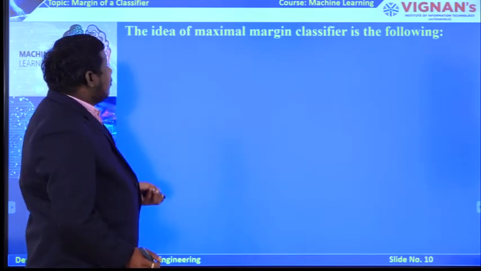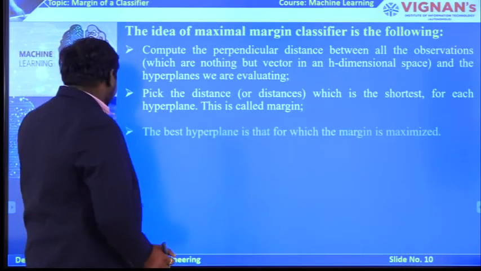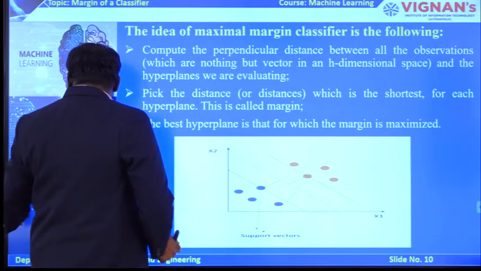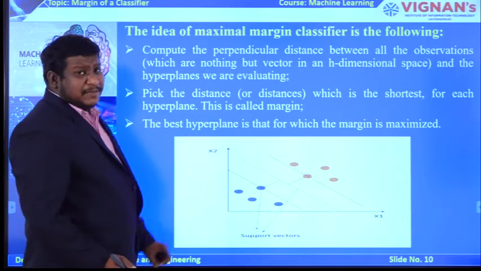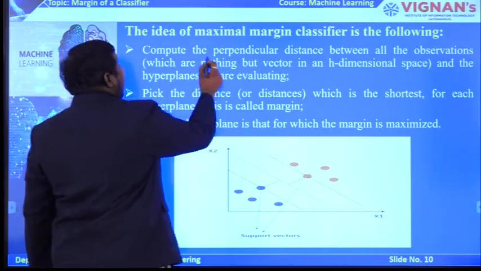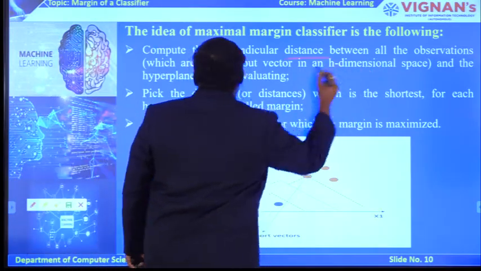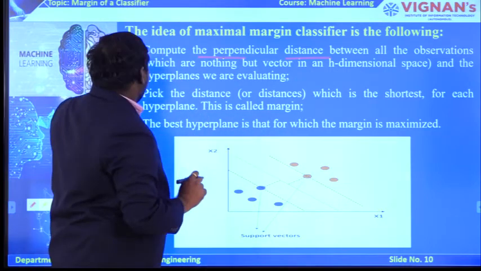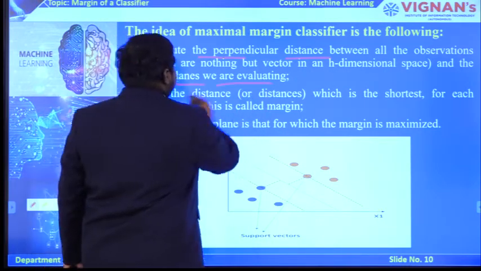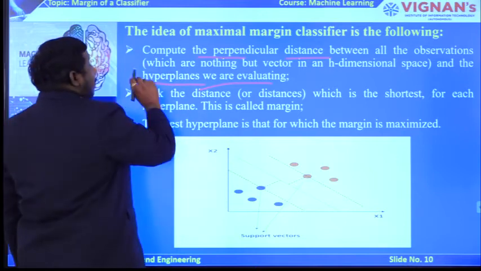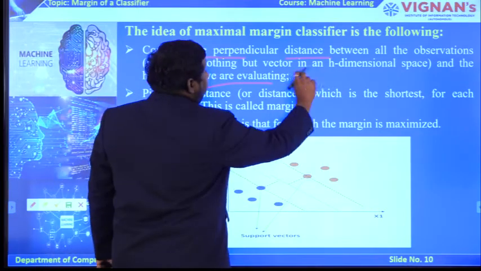Let us see how this can be implemented. See here how this maximum margin classifier is identified. Compute the perpendicular distance between all the observations and the hyperplanes we are evaluating. So what we have to calculate? The perpendicular distance between all the observations.